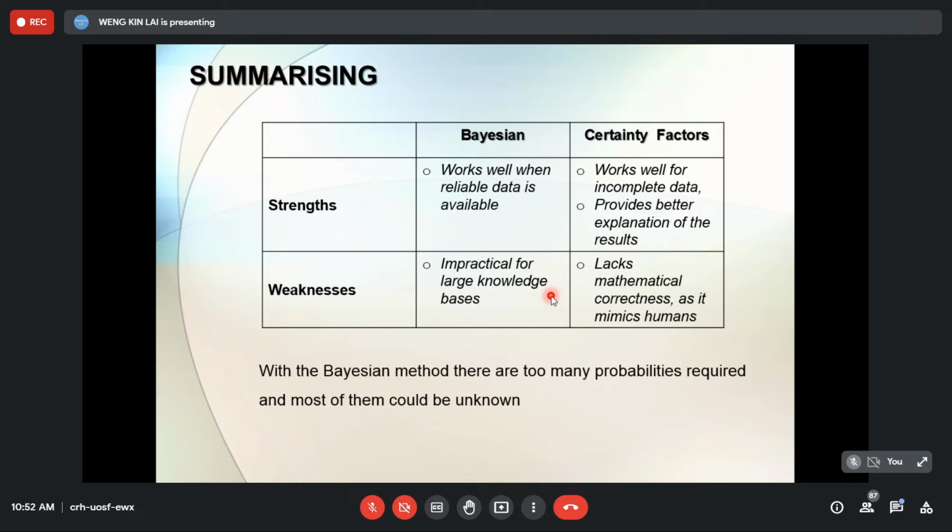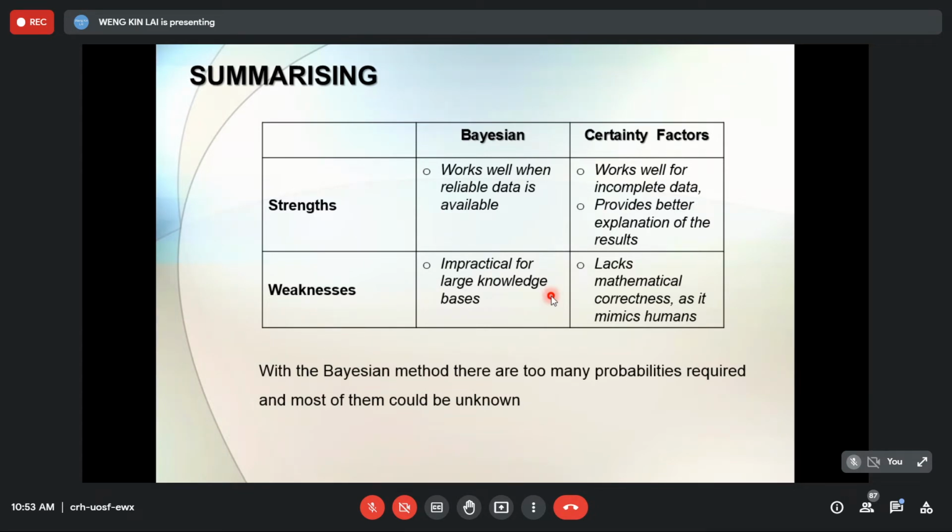Because with this one there's more calculation if you combine two different certainty factors. Mathematically speaking, there's a bit more calculation compared to the Bayesian, which is plug in formula one. Correct. But I reckon they're not talking about this calculation.